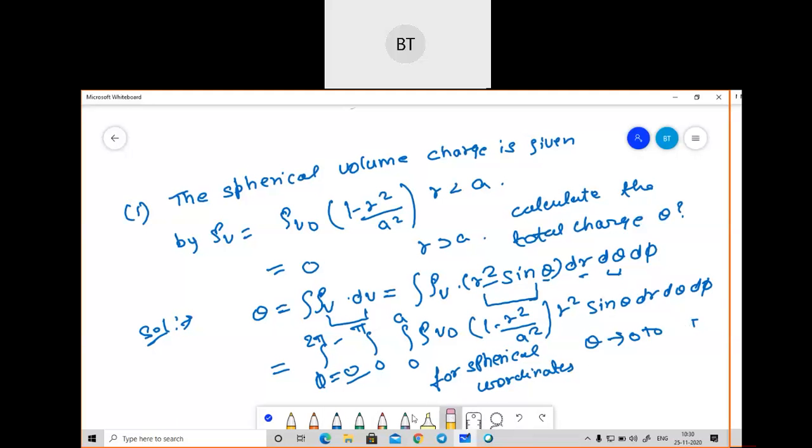Theta will always vary from 0 to pi in case of spherical coordinates, and phi will vary from 0 to 2 pi. You only have to remember this: if you are dealing with spherical coordinates, theta will always vary from 0 to pi and phi from 0 to 2 pi. I have just integrated this and applied the formula. So let me open the bracket. I think the clarity is there up to this point.